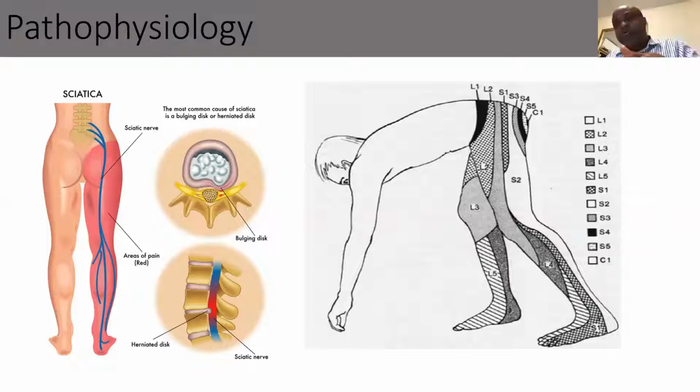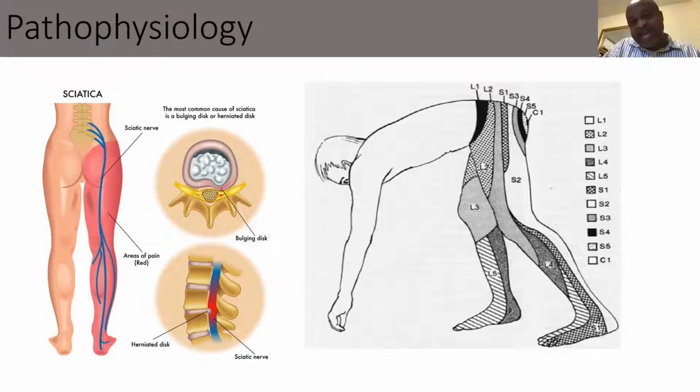Now, as we grow older, this ring-like structure can start wearing out, and the bones start pressing on them. When the bones start pressing on them, there could be what we call a bulging of the disc, which normally can start pressing on those nerves and irritating those nerves.